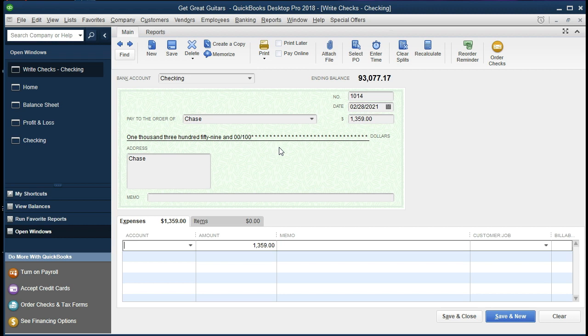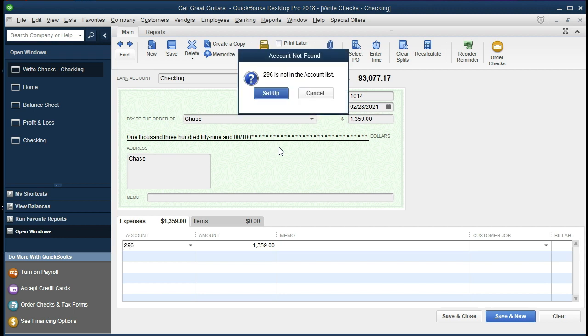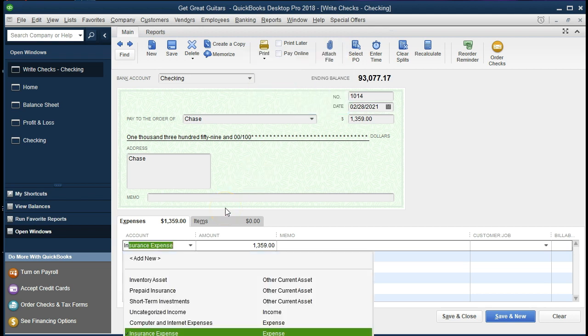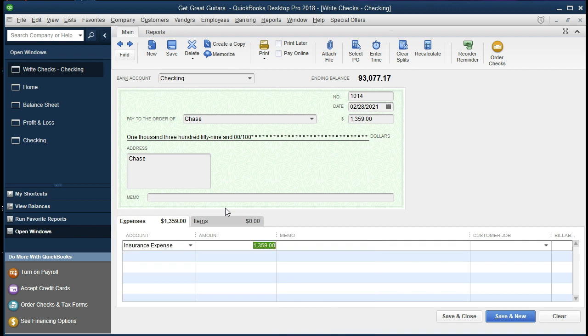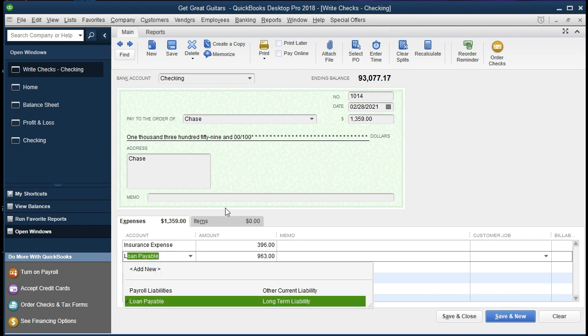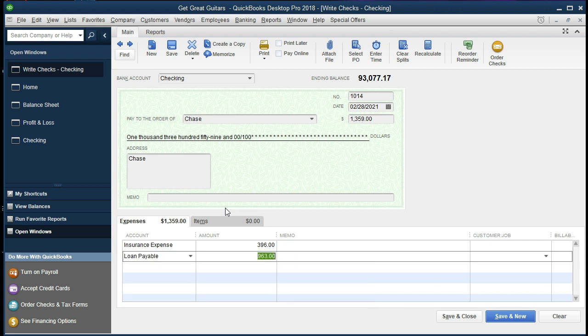The interest now only being $296, and the principal for the loan, then the difference, is 1063.